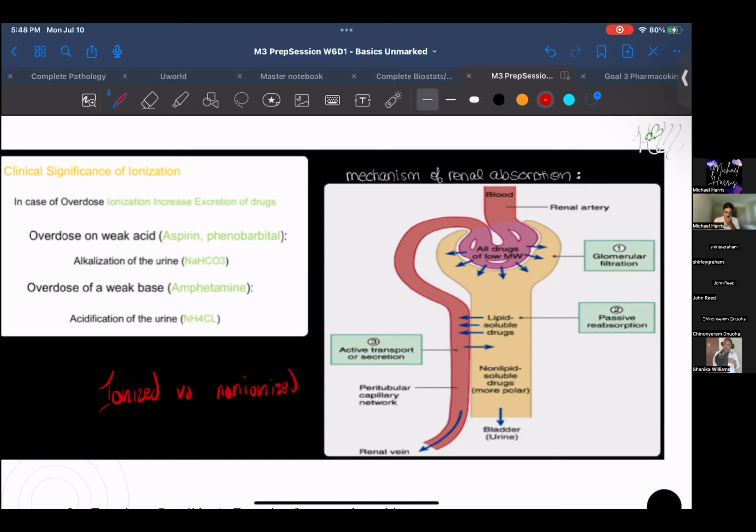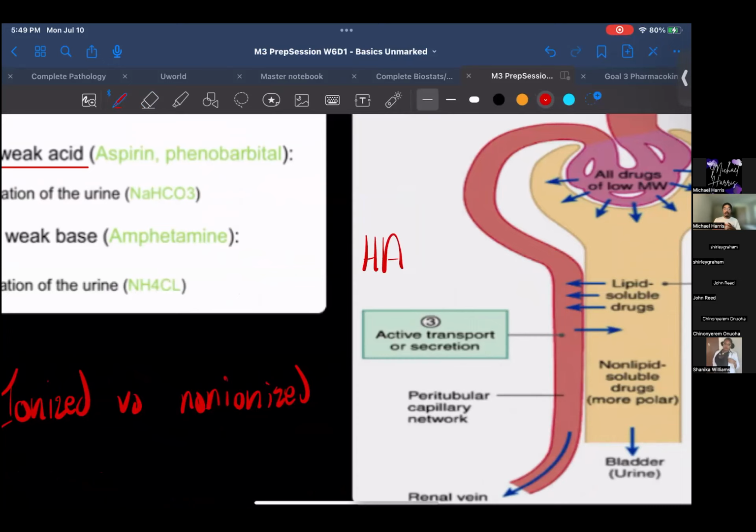Okay? So for instance, if we had a weak acid drug, if you wanted this drug to become ionized, what would you have to do?